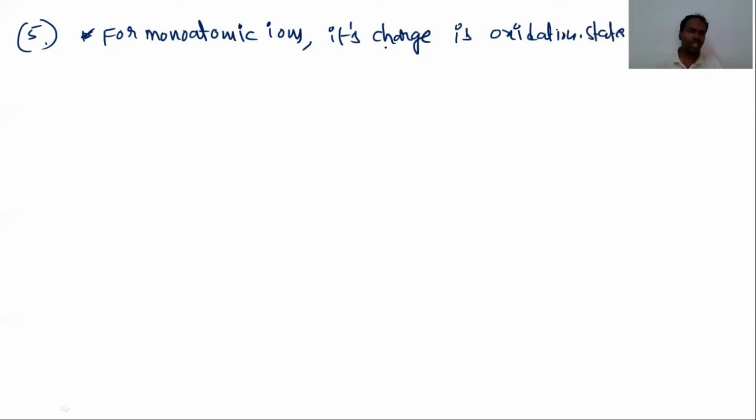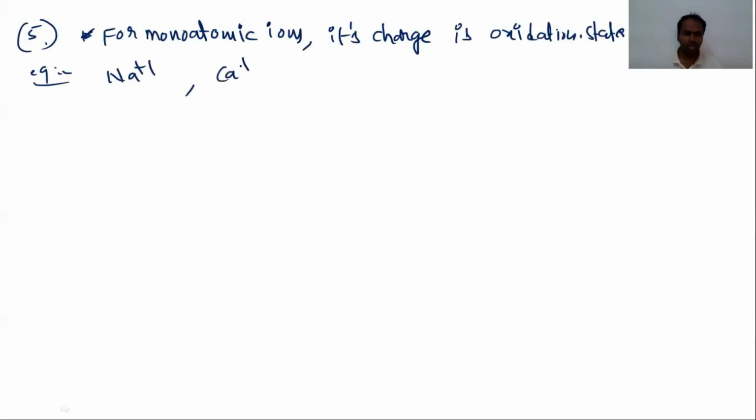So their charge is nothing but their oxidation state.